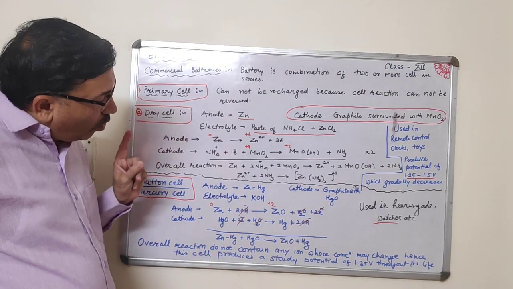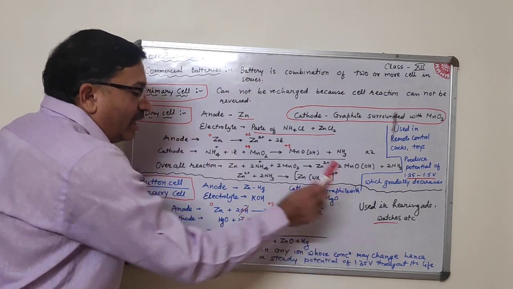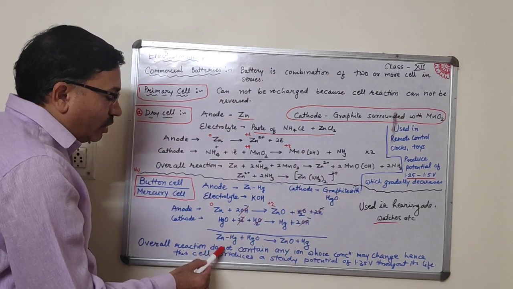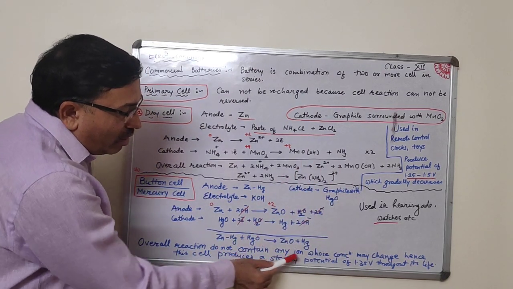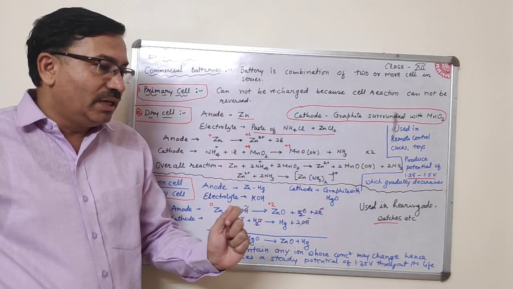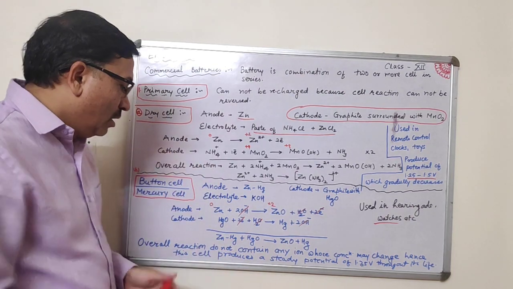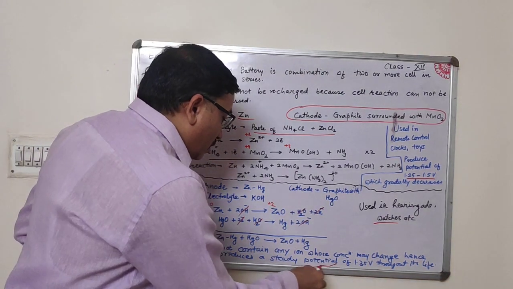The overall reaction of the cell does not contain any ion whose concentration may change appreciably. That's why this button cell produces a steady potential.